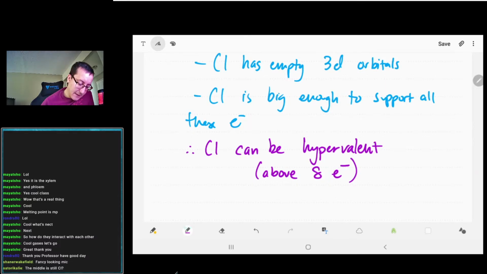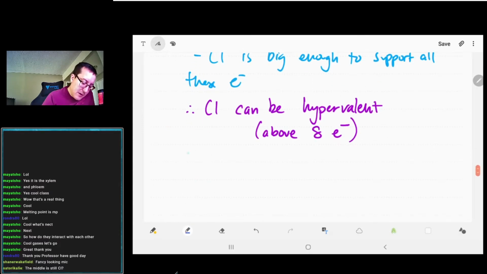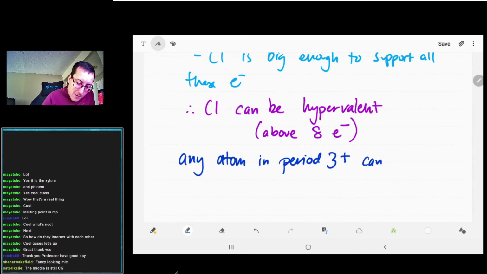And we're going to extend this idea to anything that's in period 3 or more would be hypervalent.